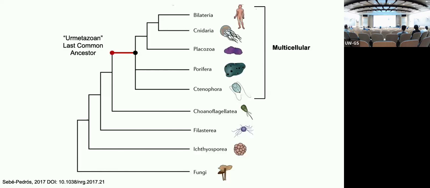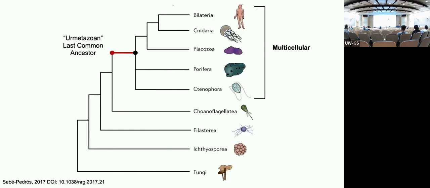And if we want to study how multicellularity evolved, one common thing that people like us think about is the last common ancestor. Outside of this is a group of single-celled organisms known as choanoflagellates. And the great thing about choanoflagellates is that they exist on the planet today. They're an existing species that we can study in the lab.